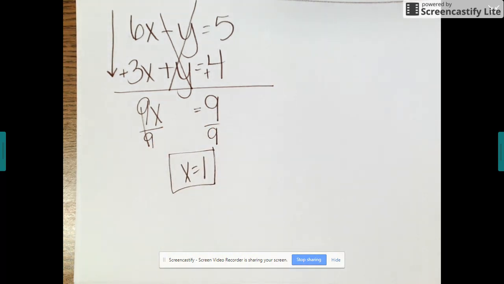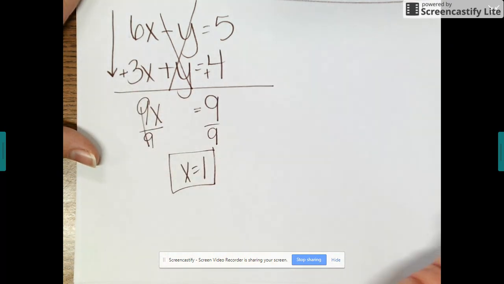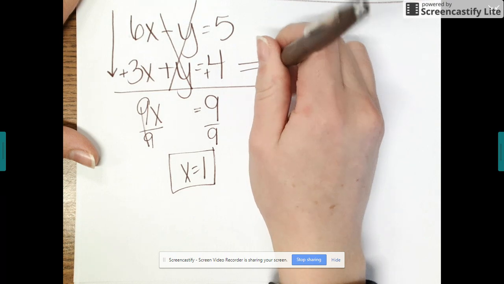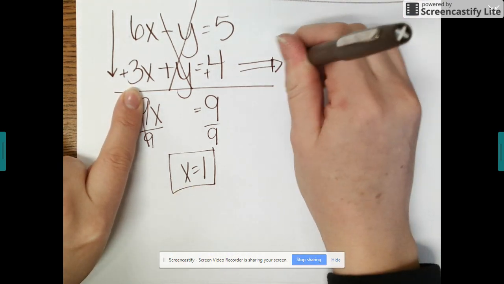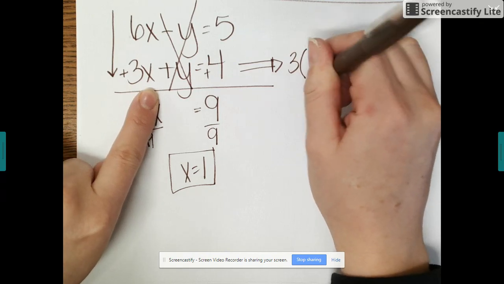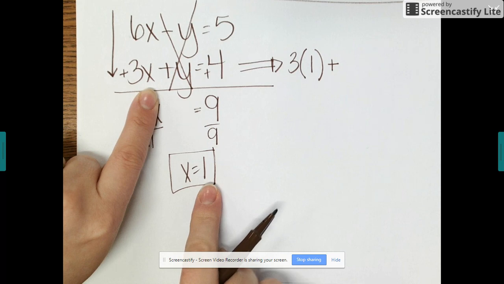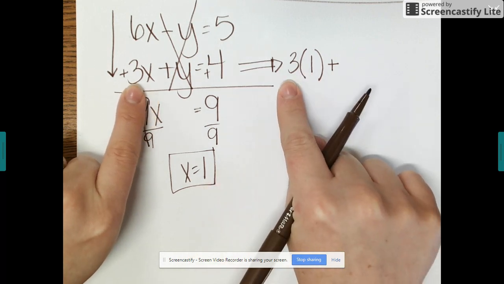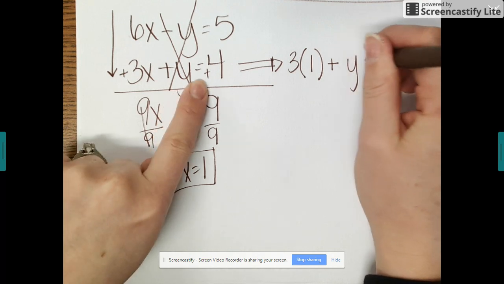Now, we've already learned this. How do you find y? Yeah, you just plug it into the top or the bottom. Which one do you guys want to do? Let's do the bottom. So every time I see an x, I'm plugging in 1. 3x, which is 1, plus y equals 4.